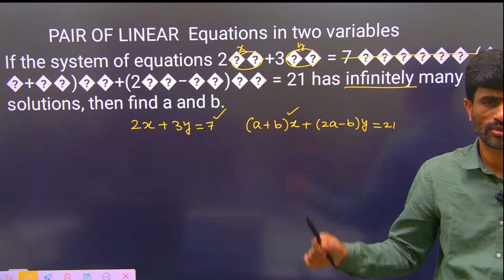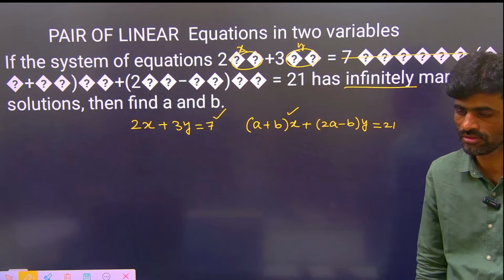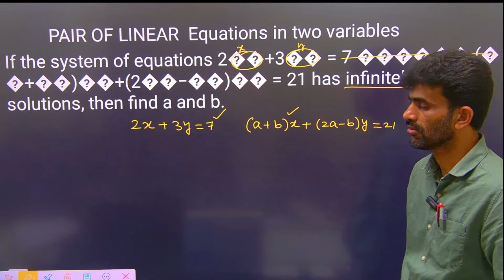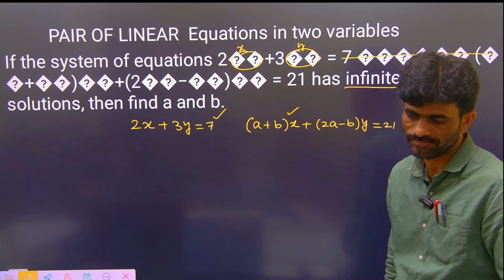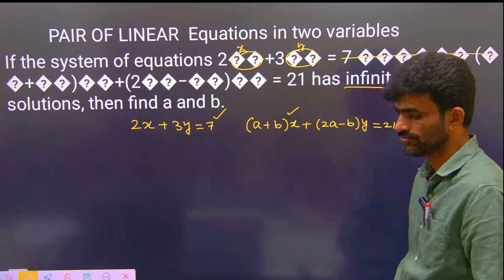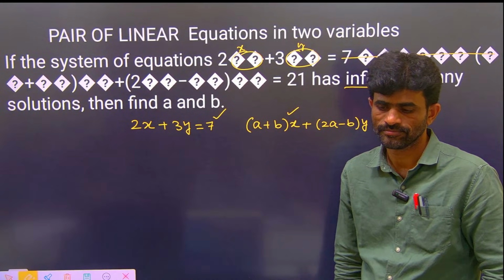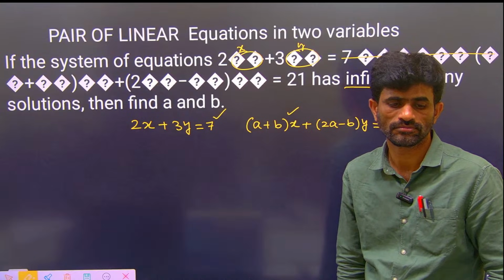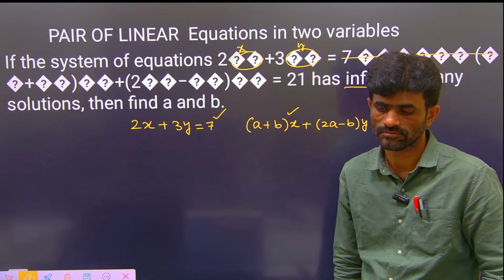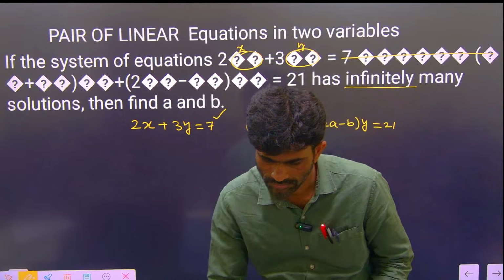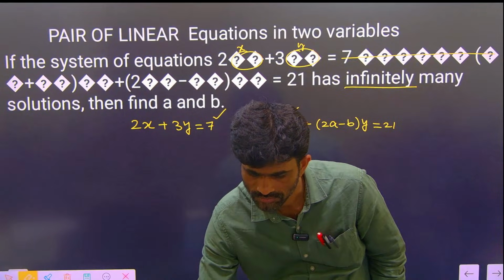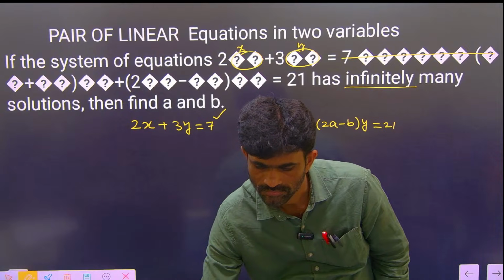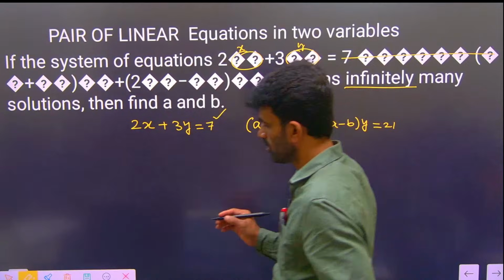Both equations are having infinitely many solutions. Try to find the value of a and b. Write the formula. Okay, here, what is the formula?